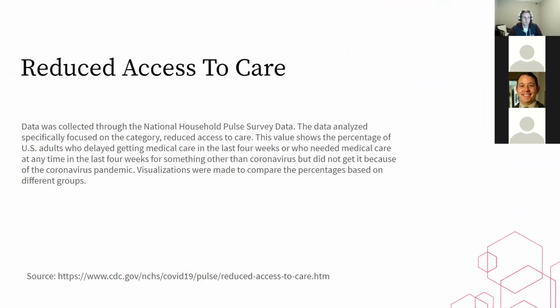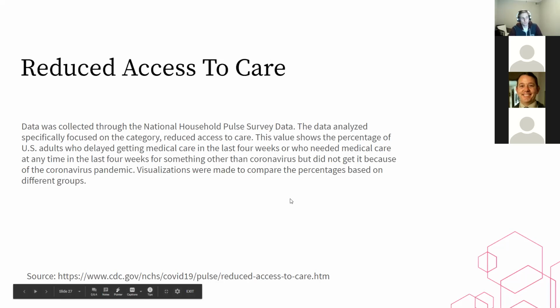These are individuals that felt they were unable to get the care that they needed in general because of the pandemic. For instance, if I was having stomach issues, I felt I had reduced access to my doctor because of the pandemic.